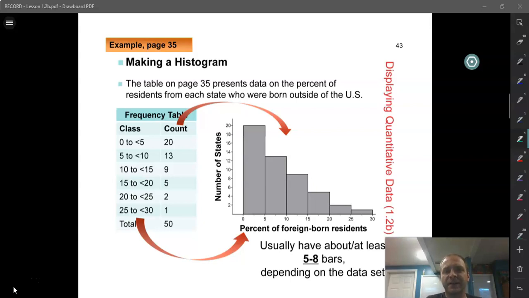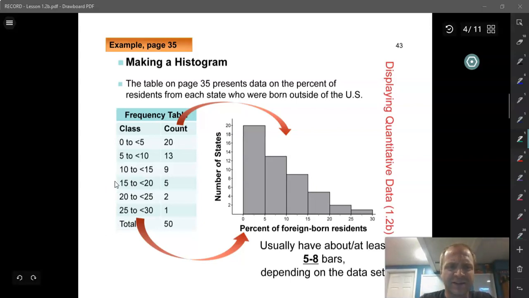So this example is, how do you make a histogram? We don't have the table on your slides. We're just going to show you the classes, the bins, and the histogram. Since there are 50 pieces of information, they broke that into classes from 0 to 5, 5 to 10%, 10 to 15%, 15 to 20%, 20 to 25%, and then 25 to 30%.